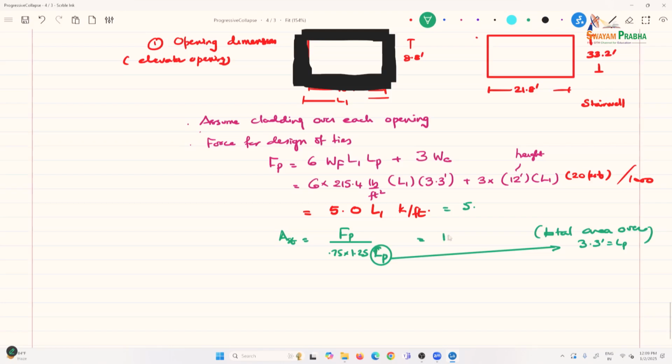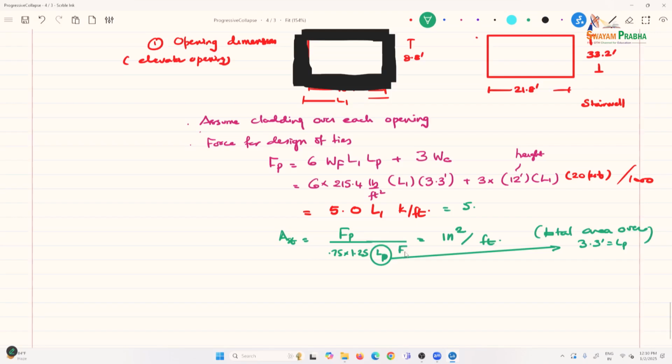So this comes to AST, and you need Lp here. This will give you so many square inches per foot. Fy.